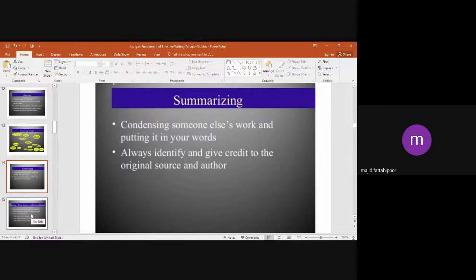Okay, so this is the stage I always emphasize, because a writing should not always be our own idea.